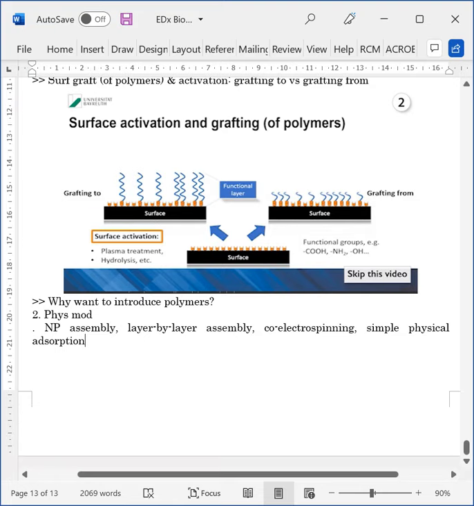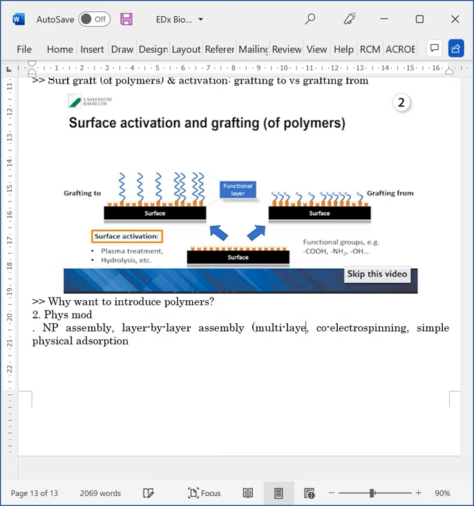So the layer-by-layer assembly allows you to generate multi-layered films, as the name already says, on all kinds of substrates. It can be on planar surfaces, on particles, on fibers. The materials we typically use for this are also polymers, but also nanoparticles. And the way we generate these films is by depositing our surface into a solution of one of these layers, for example, a positively charged compound.